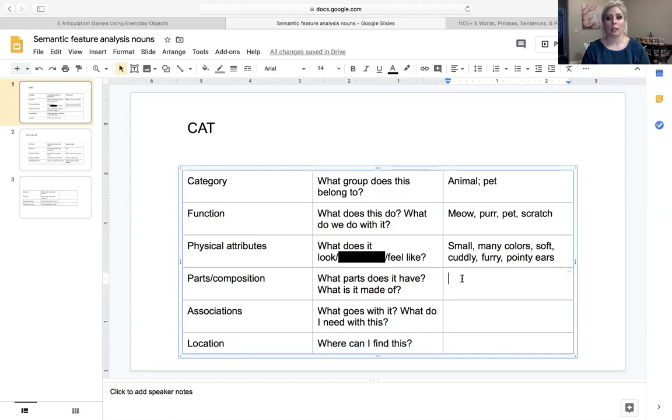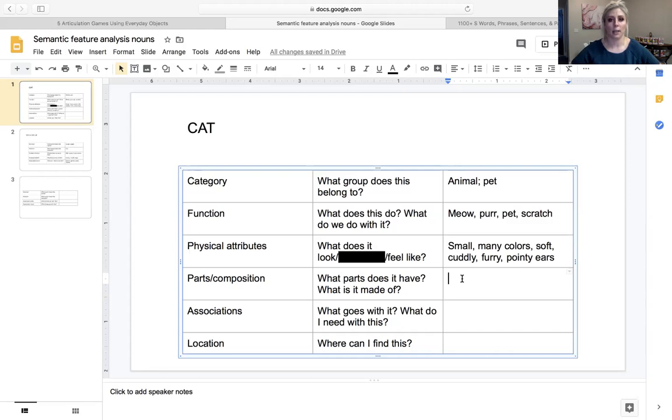And that gives me more of a chance to look at their vocabulary. So for example, students will usually say, okay, next draw the feet.